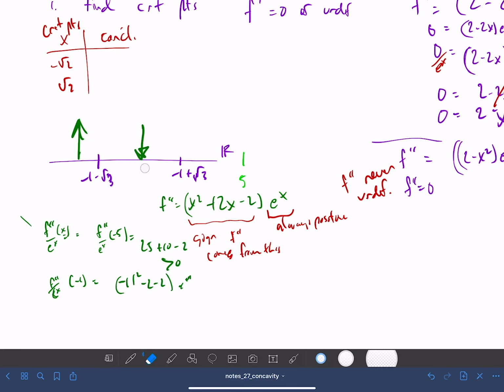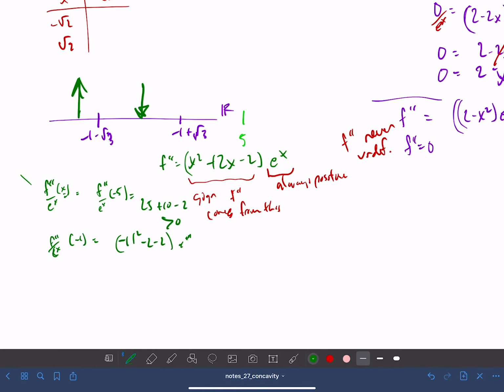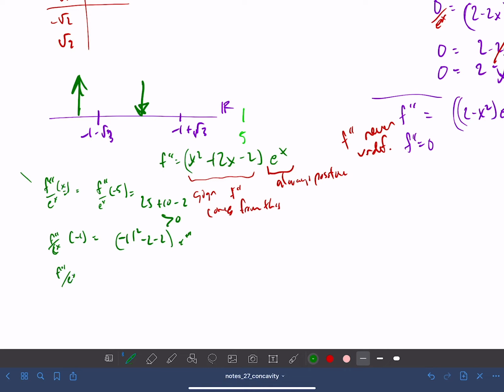Now I kind of don't need those test points anymore, so I'm just going to delete them. And then finally, let's take f double prime over e to the x of positive 5. That's going to be equal to 25 plus, ooh, I made a mistake earlier, 10 minus 2. This plus here was supposed to be a minus.